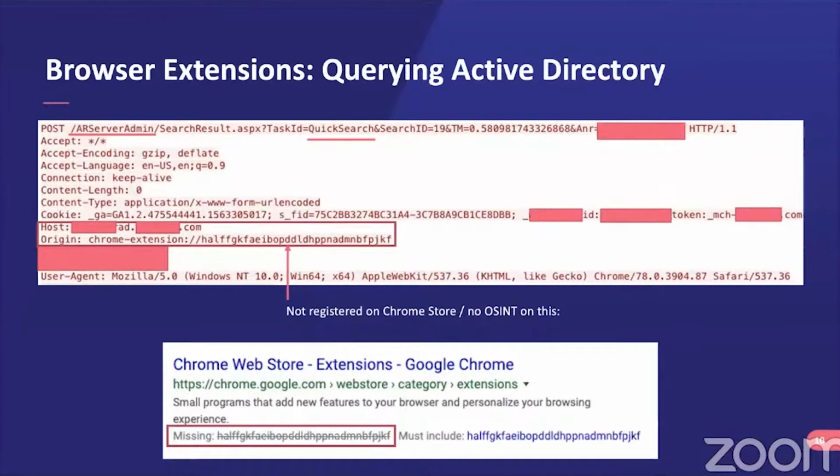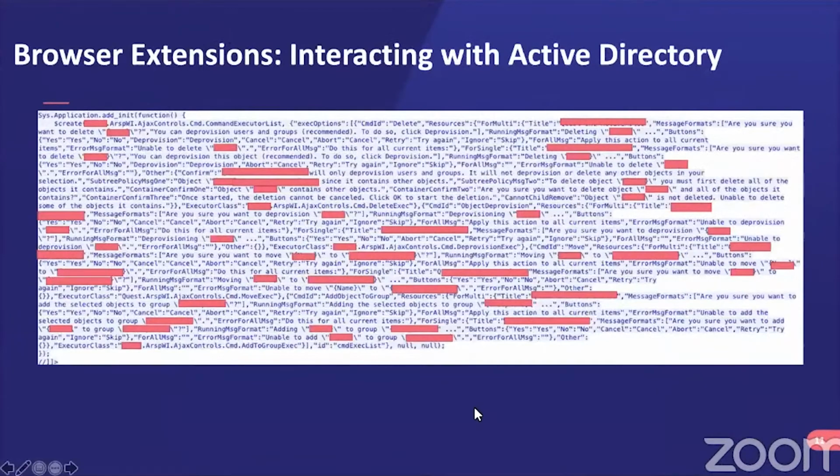And furthermore, there's really no open source intelligence information on this extension, which makes it very interesting, right? Because when one considers the Active Directory and how powerful it is within an environment, we know that only a very select few approved and trusted entities should have access to the Active Directory.